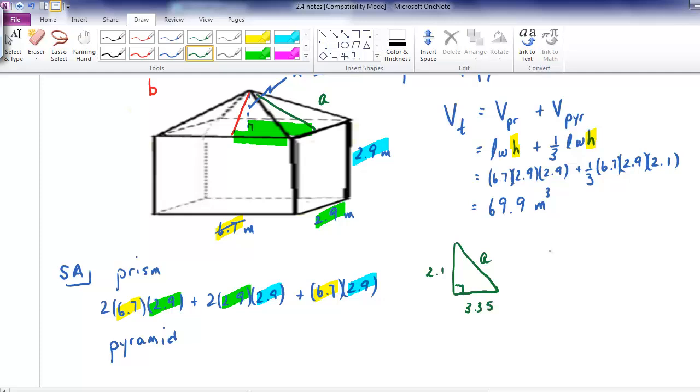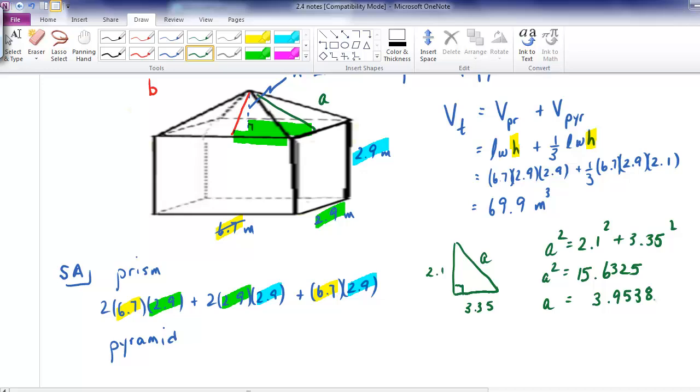And when I do all my Pythagoras, A squared is equal to 2.1 squared plus 3.35 squared. A squared is equal to, I did do this calculation, 15.6325. Remember, 4 decimal places. And finally, taking the square root of both sides, we get A is equal to 3.9538. So there's the slant height of that.